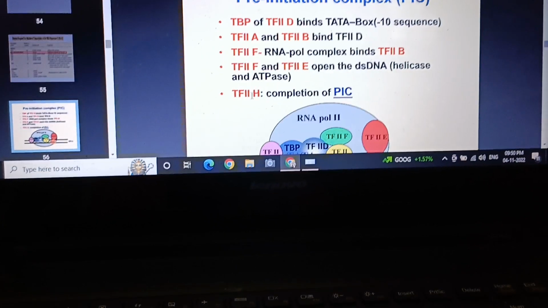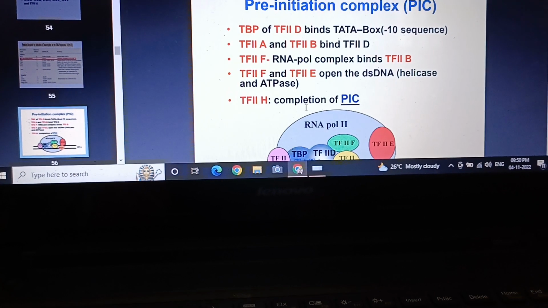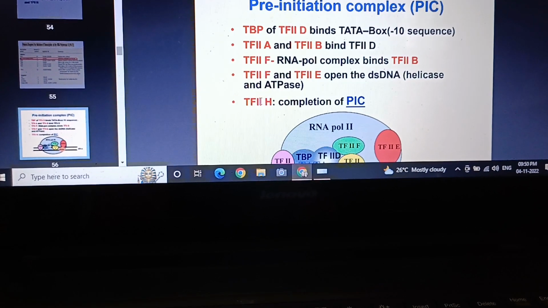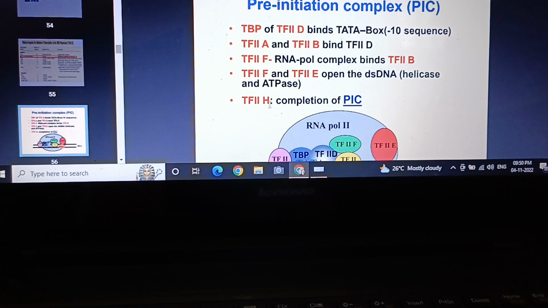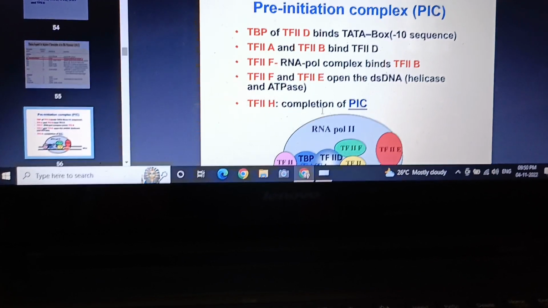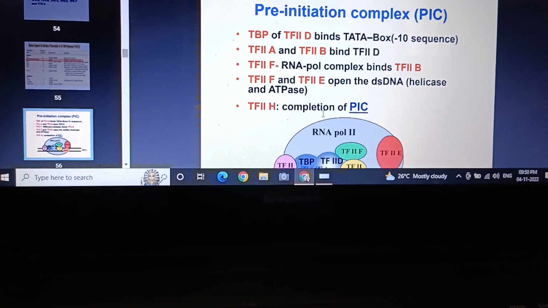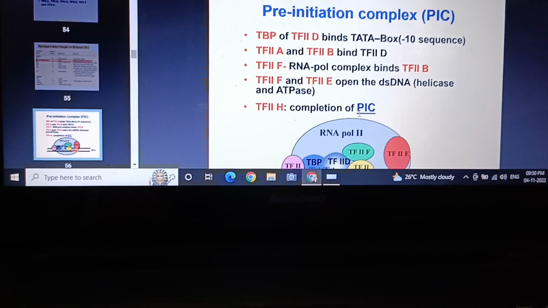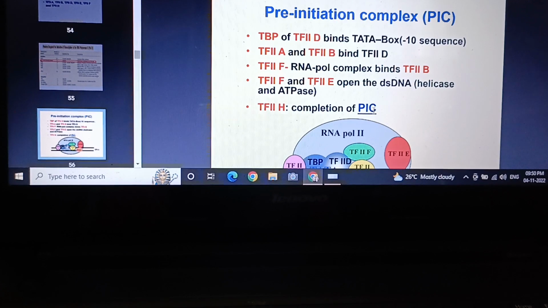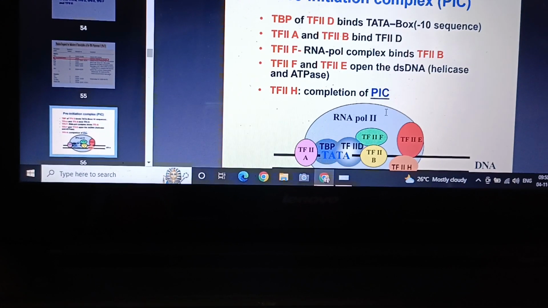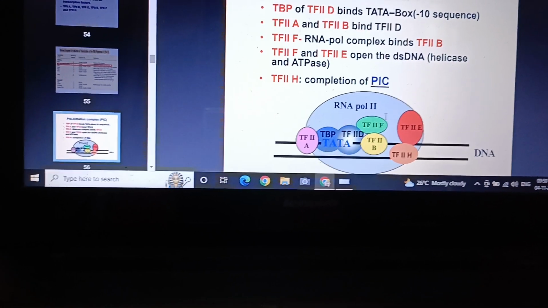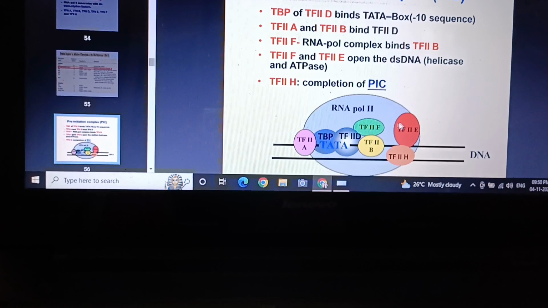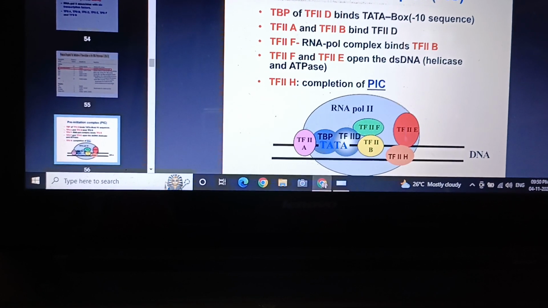After that, TF2H completes the PIC. PIC is nothing but your pre-initiation complex. After binding TF2H, the pre-initiation complex will form.